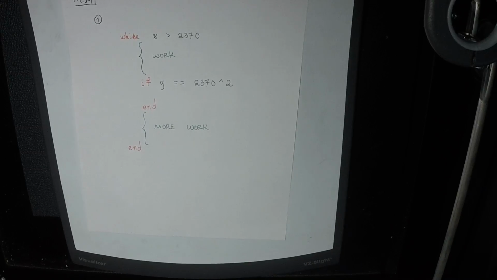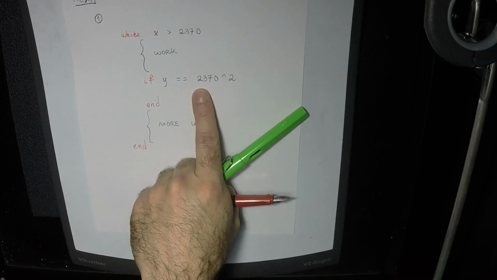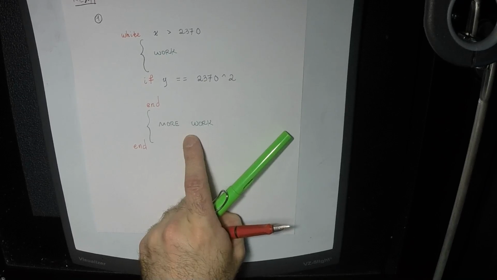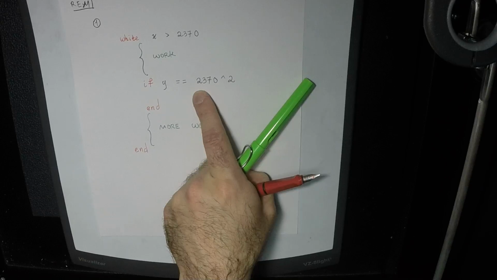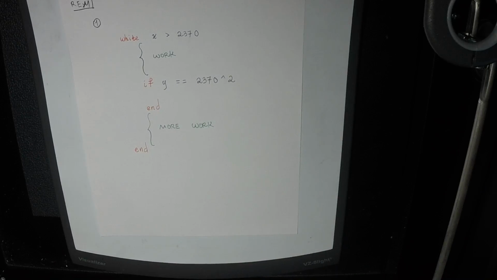Suppose this test right here is true. Then you don't want to do this part; you want to jump back to the top of the loop. You only want to do this part if it's false. So if in the body of a loop you've detected, I want to jump back to the top and not do anything below this point, the command to do that is called continue.